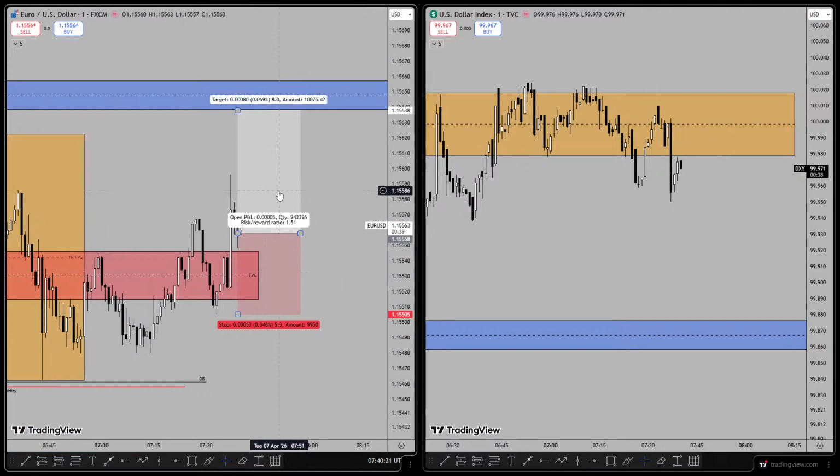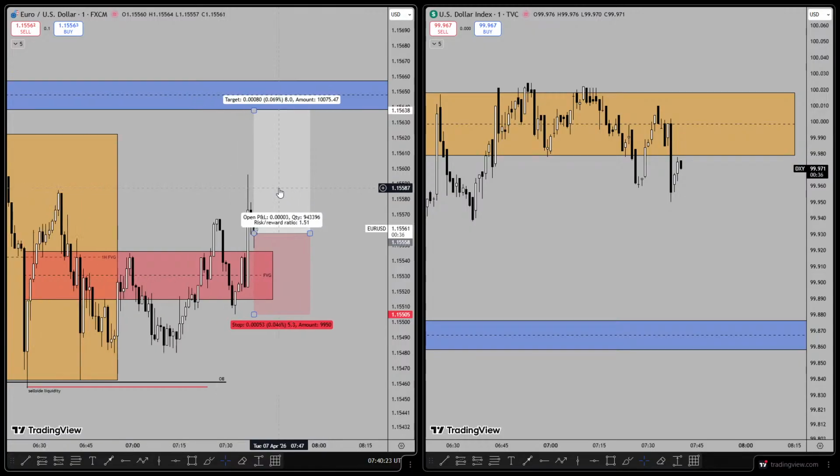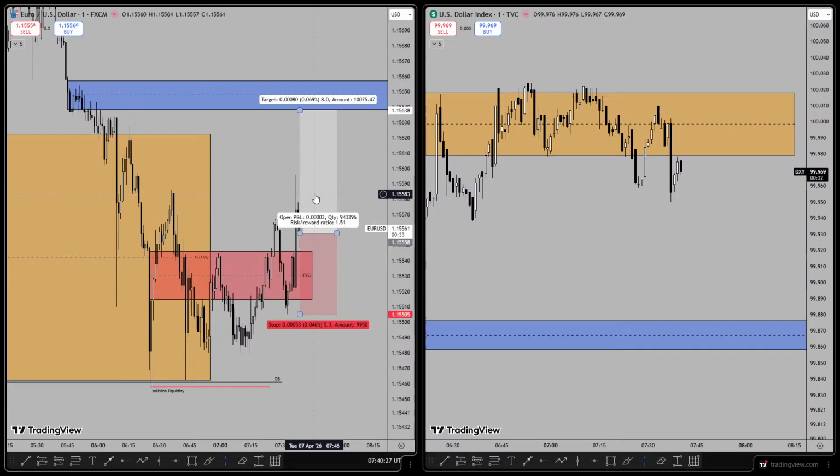And our first target is around 8 pips. So that's around a 1.5 R. Remember, this is not our overall target, it's just a short-term target that we should be looking to take a partial in if we're looking to buy straight into the overall draw on liquidity.